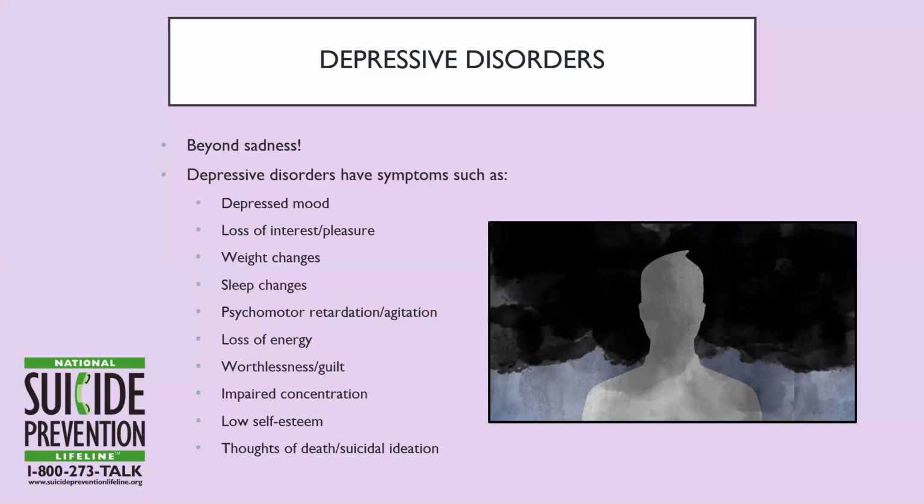So not every instance of a depressive disorder is going to look like someone crying all the time with suicidal thoughts. You can have a varied presentation of these disorders. It might look more like just being tired all the time and having low self-esteem. So different individuals experience these disorders in different ways.